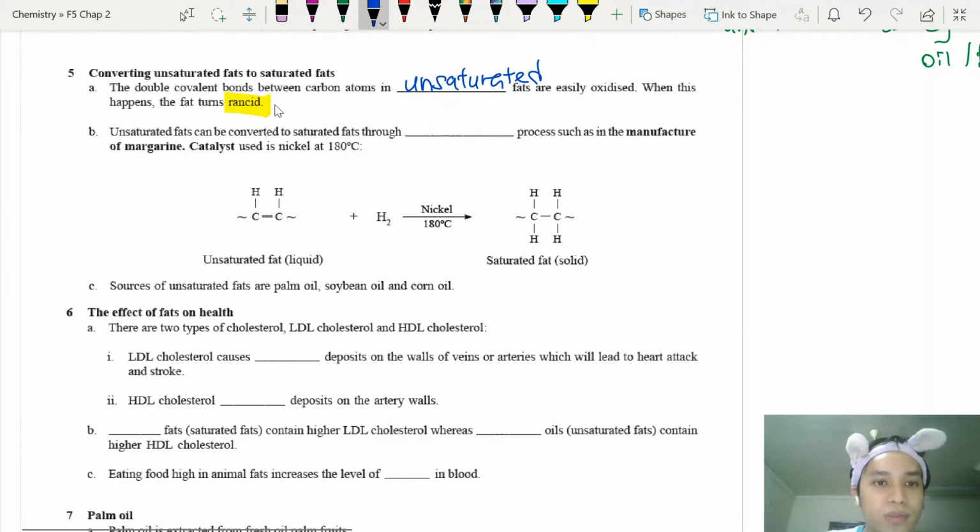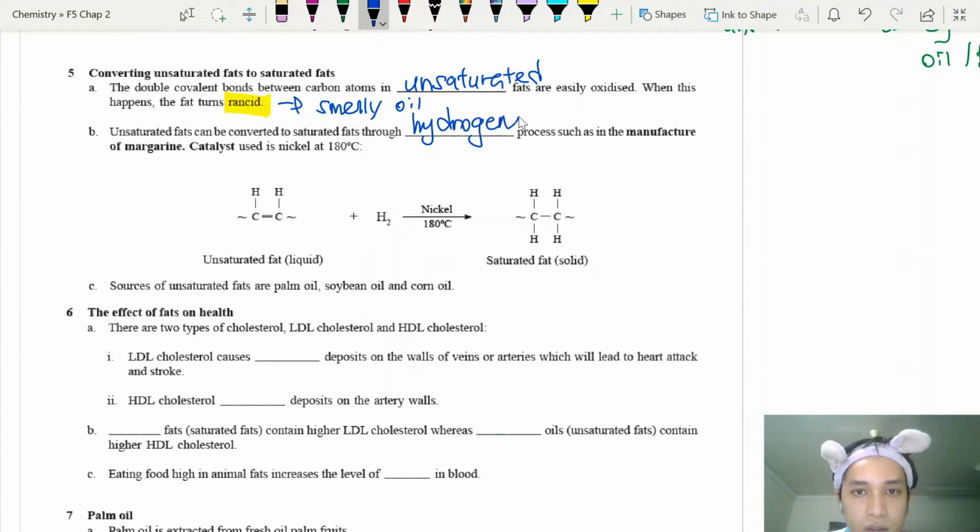If you know the meaning of rancid, it means smelly oil. When you store your oil too long, you get the smelly oil smell, right? That is rancid. So unsaturated fats can be converted through hydrogenation. Remember, we react with hydrogen.